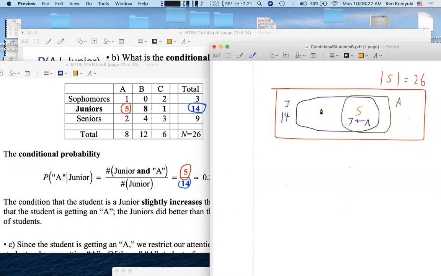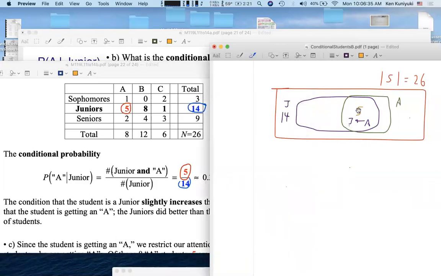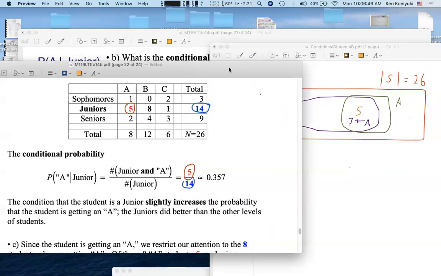It's 5 over 14. The 26 is irrelevant. And it's a bit more than a third. If we aim at the purple oval here, the probability we'll get inside the brown orange area in here is 5 over 14, about a third.